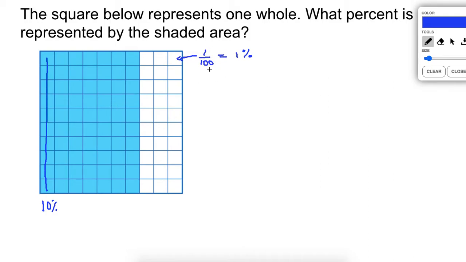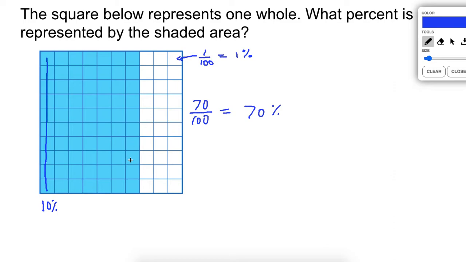It's 1/100th, so each one is 1%. So you can simply find these out. This would be 10, 20, 30, 40, 50, 60, 70%. So this one is 70%. If we were just finding a fraction, we would have 70 out of 100, which is 70%.